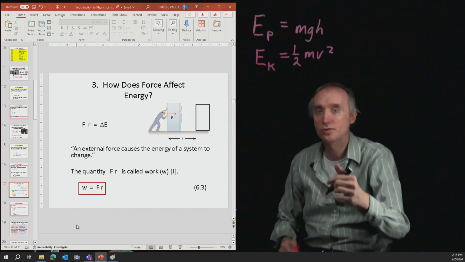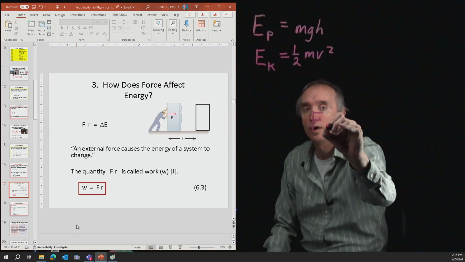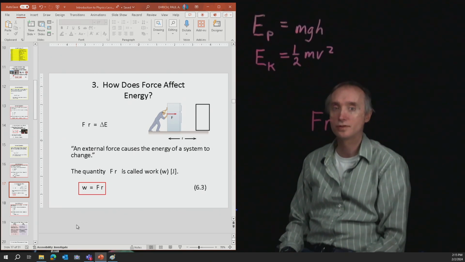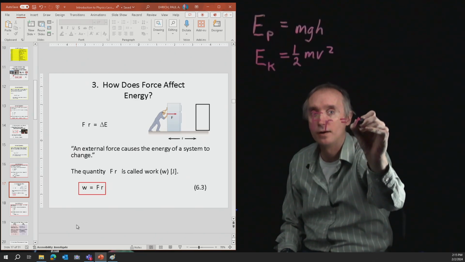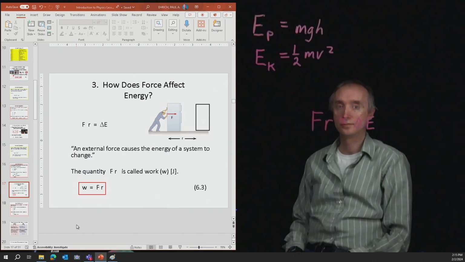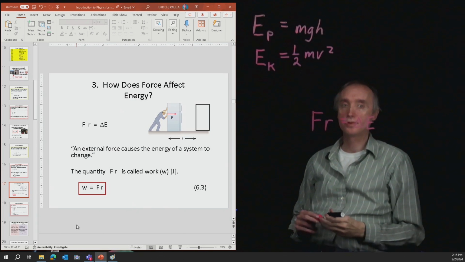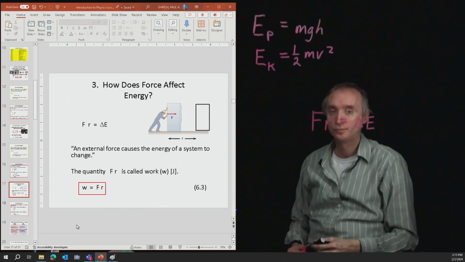So the force F that you apply, multiplied by the distance that the object is going to travel, is going to be equal to the amount of energy it's going to take. So this is a fundamental relationship that connects energy with force.